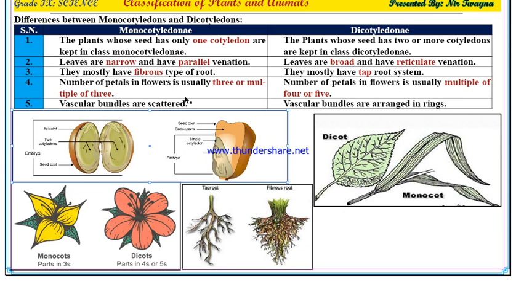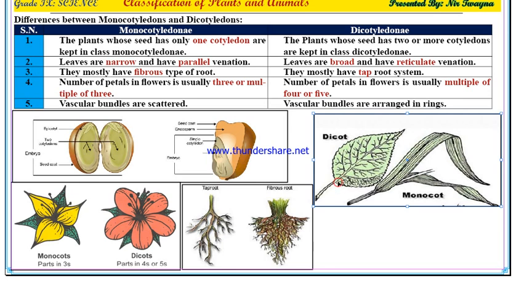And in case of monocotyledon, look here. This is the leaf of a monocotyledon. This is the leaf of a dicotyledon. You can see the leaf of a dicotyledon is broad, but the leaf of a monocot is narrow. The dicot leaf has reticulate venation. The veins form branches.